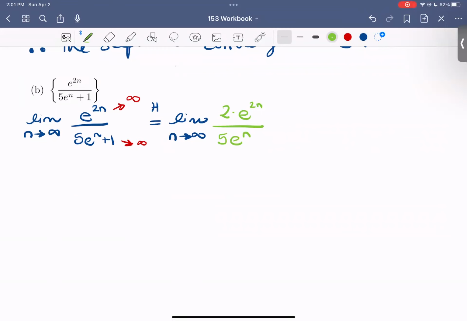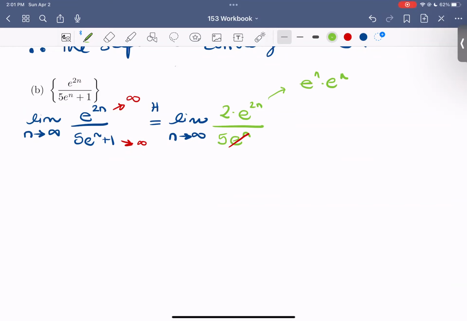That's because the 1 in the denominator is a constant, so the derivative will be 0. Okay, so now we can see that some things cancel out. An e to the n cancels with one of the e to the n's in the numerator. We can take that one more step. This becomes e to the n times e to the n if we want to split up that 2n.